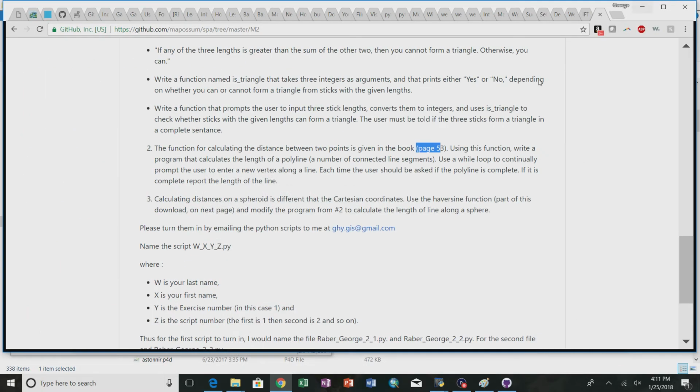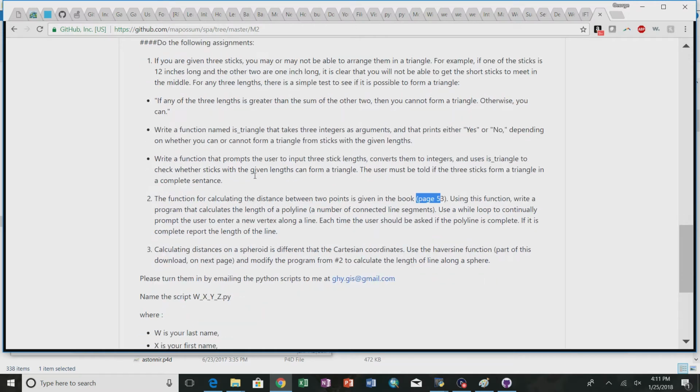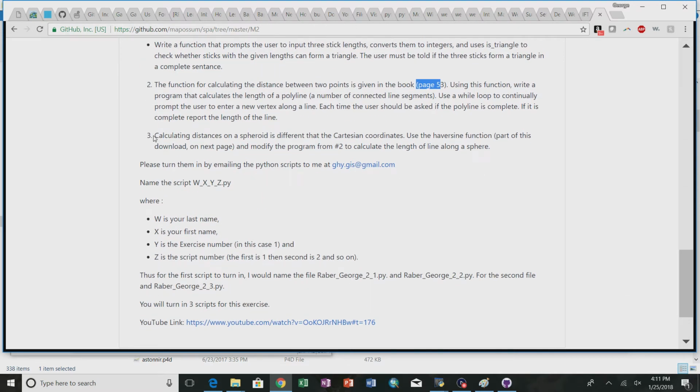Okay. So instead of going back up to this one, because I think that one's actually the easiest one, let's move on and look at this. This one's kind of like a geographic problem. So 3 is calculating the distance on a spheroid, which is different from Cartesian coordinates. We've done Cartesian coordinates in 2.